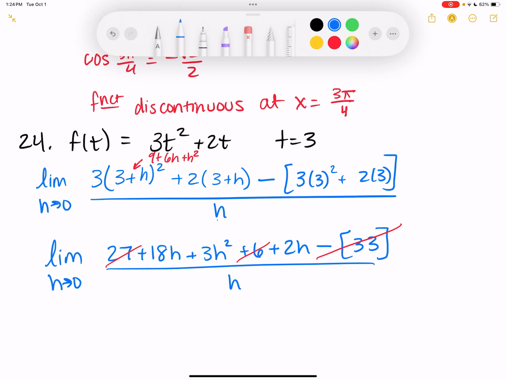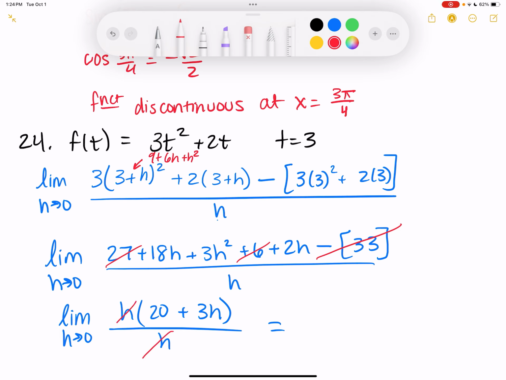So the limit as h approaches 0 of h times (20 plus 3h) over h. The h's cancel. 20 plus 3h evaluated at 0 is just 20. And units are feet per second. So that's the instantaneous rate of change for this.